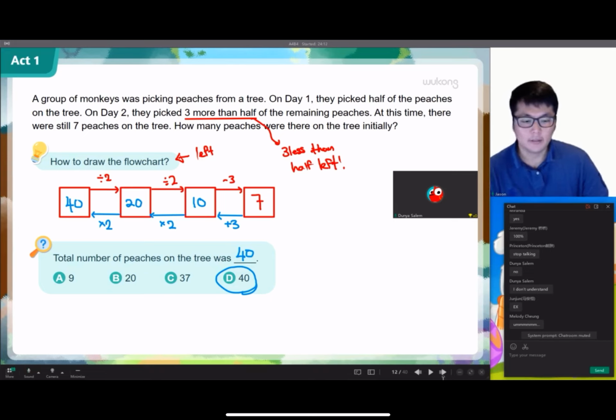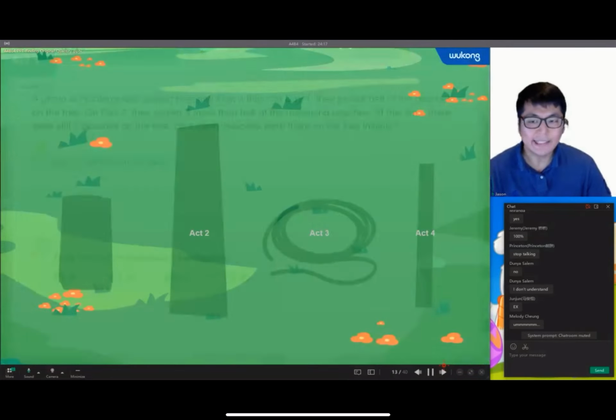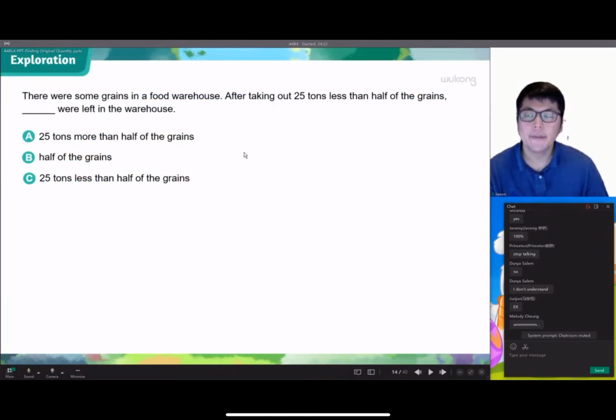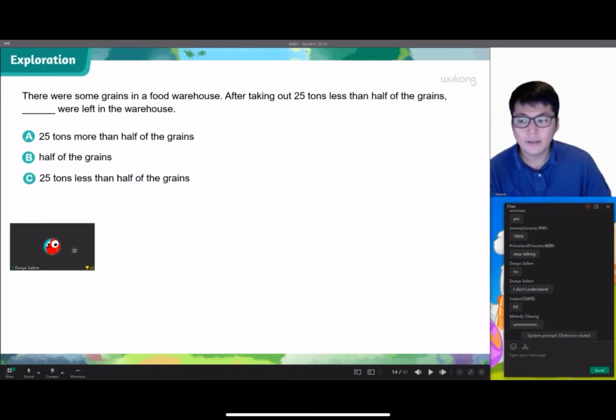So, okay, Danya, let's have a look at the next question together. There were some grains in a food warehouse. After taking out 25 tons less than half of the grains, how much was left in the warehouse? When you draw a flow chart, remember this: you must figure out what is left.